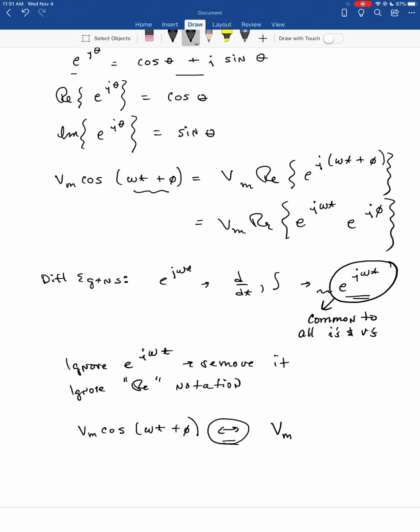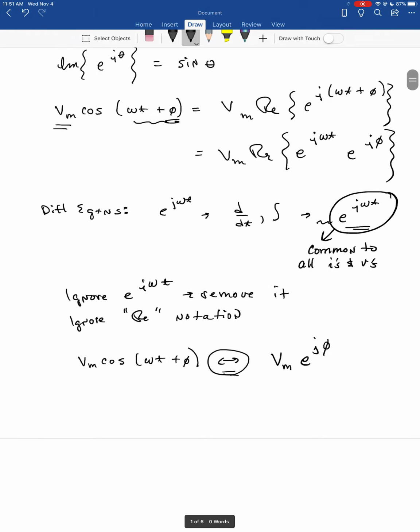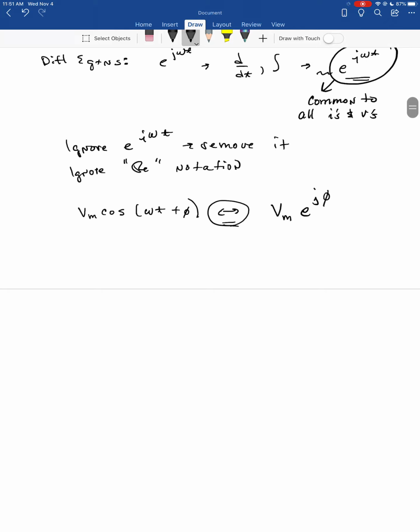That's what I use to indicate transform. It'll give me the magnitude times e to the j phi, where phi was the phase in my original function and Vm was the magnitude.